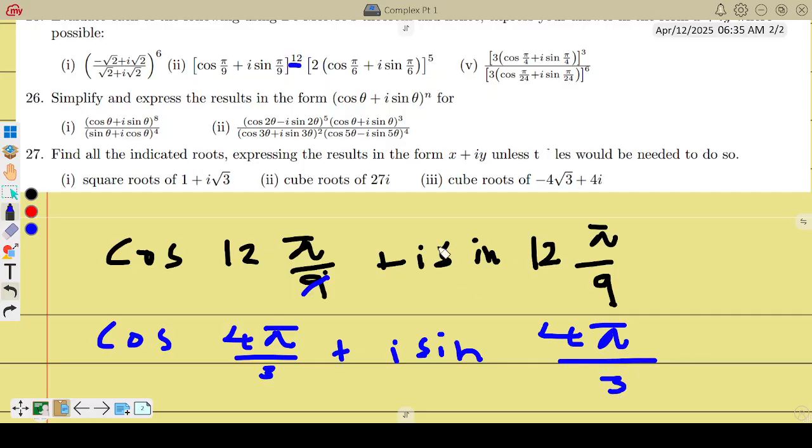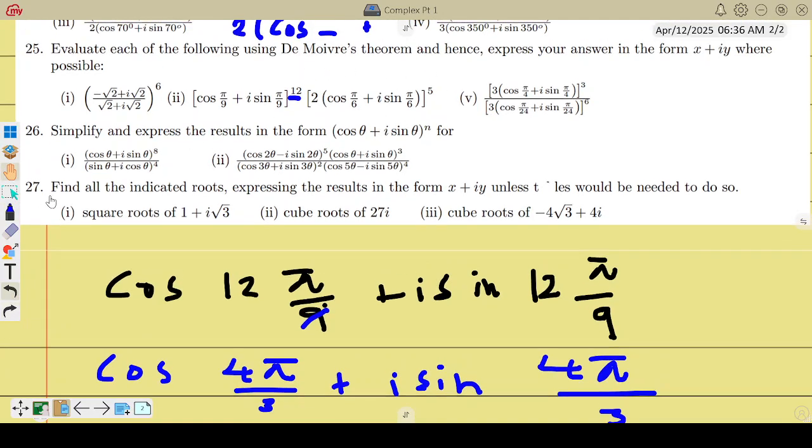Now to simplify, what's the question? We're expressing it into this form, the rectangular. So I was doing question 2.